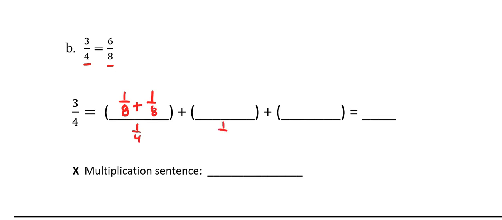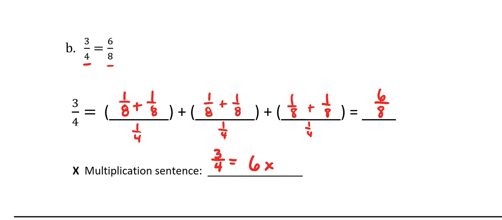And then another fourth would be equal to 1/8 plus 1/8. And then the third fourth would be equal to 1/8 plus 1/8. Altogether, I have 6/8. So my multiplication sentence would read 3/4 is equal to 6 groups of 1/8.